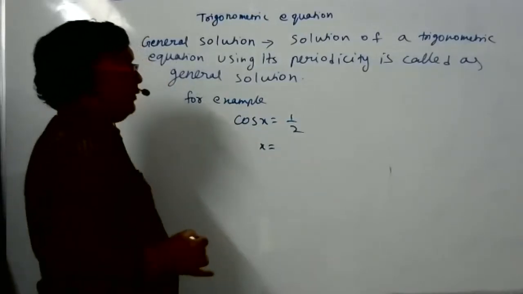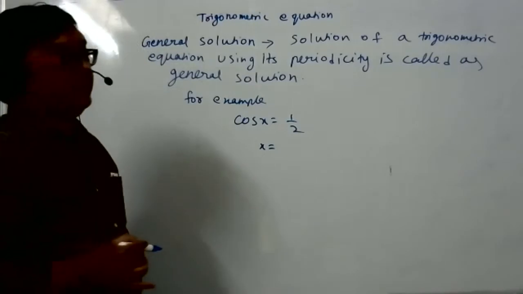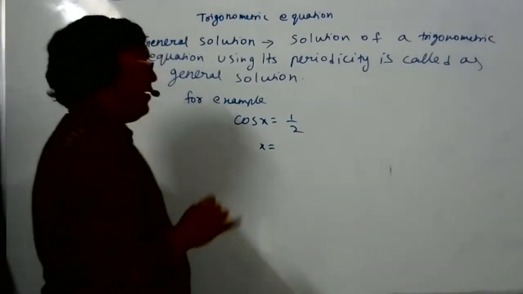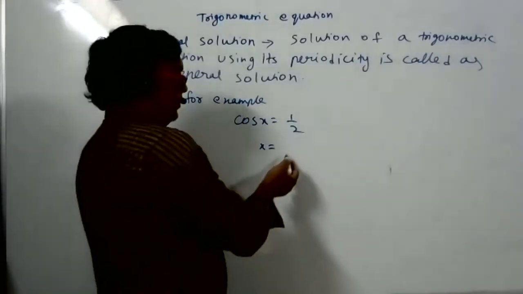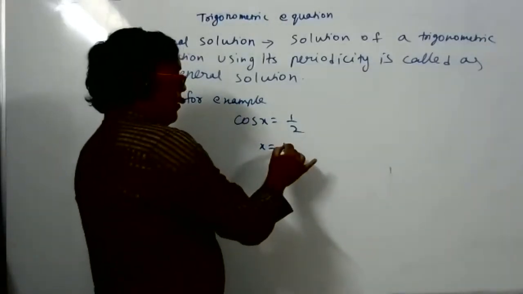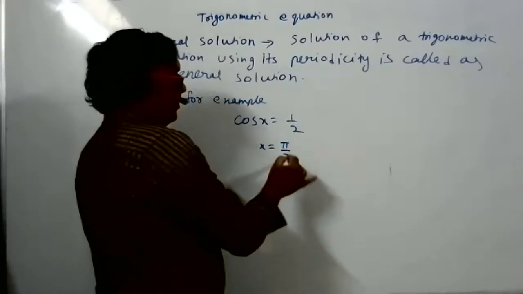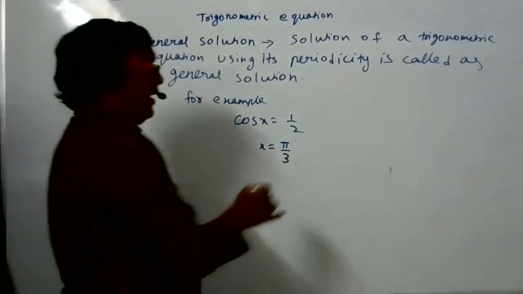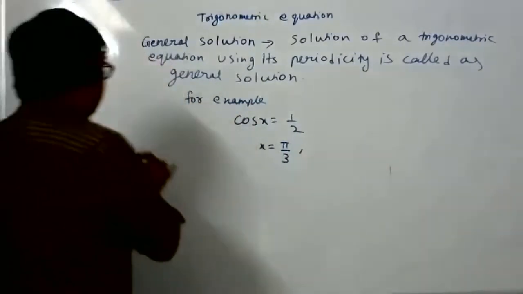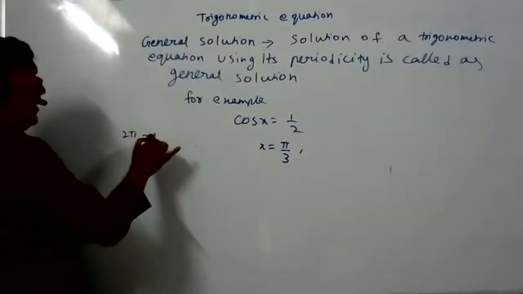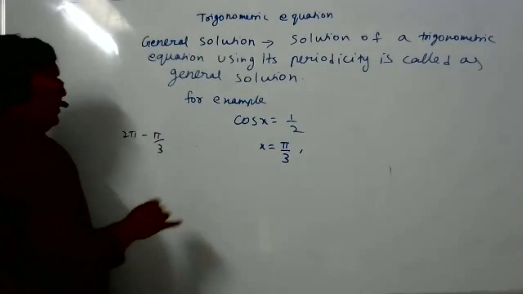Sir, 2 pi plus pi by 6. Tell me the principal solution. Pi by 3. Cos x, sorry, x is pi by 3. And what else? The two solutions are pi by 3 and 2 pi minus pi by 3.